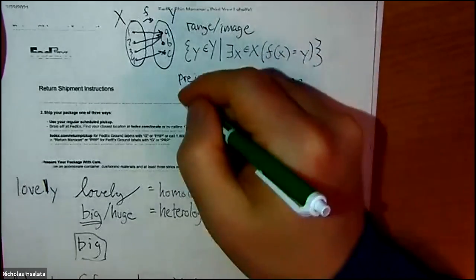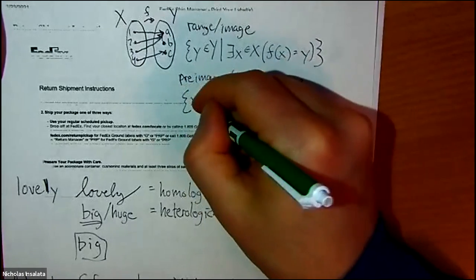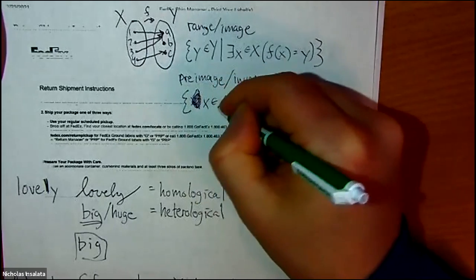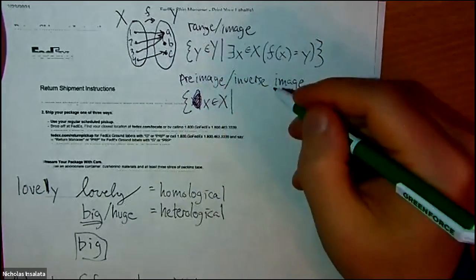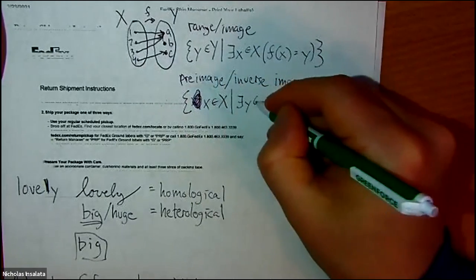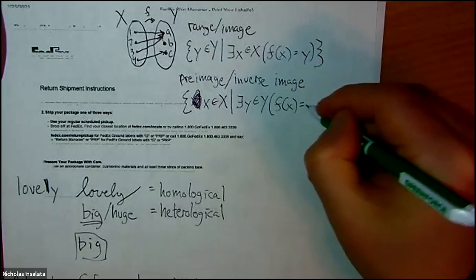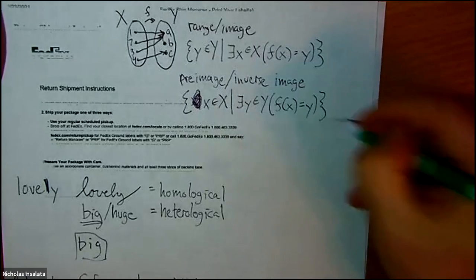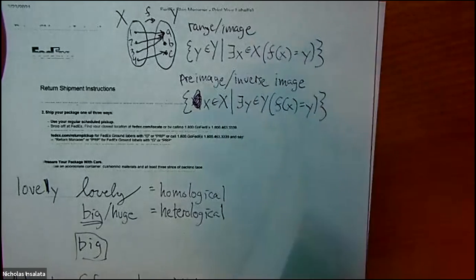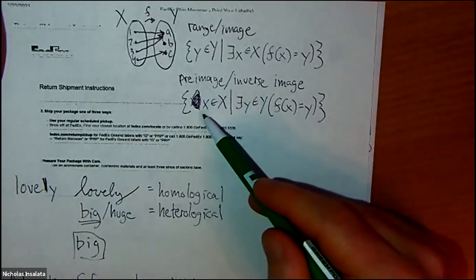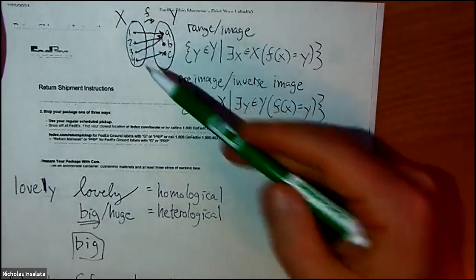Well, that's going to be the set of x's in X such that there exists a y in Y where f of x equals y. So the same basic idea, you just swap the x's and y's, right? And if we have a function, then this set is always going to be everything in the domain, right?